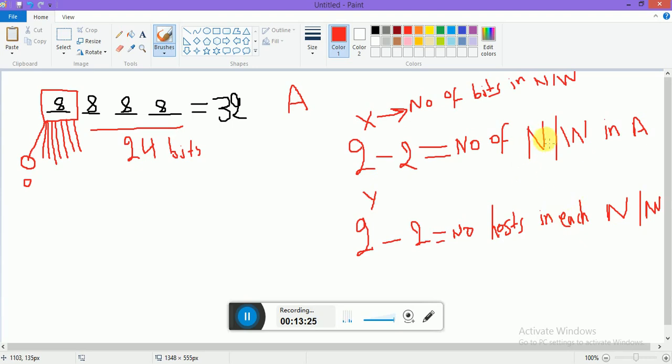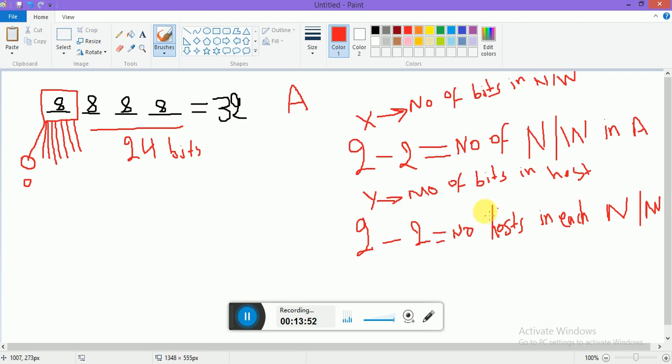Right, so you see here, what is y? Number of bits in the host portion, right?